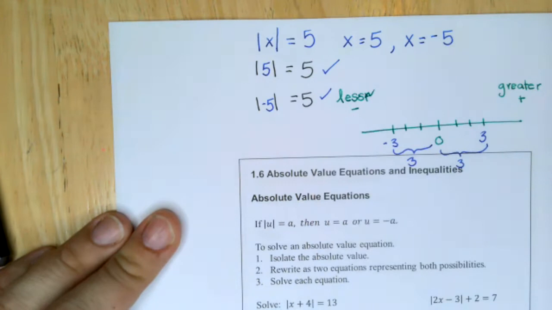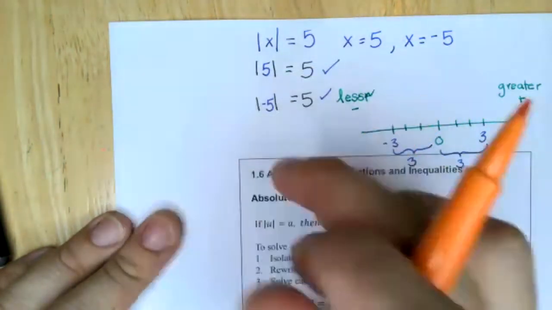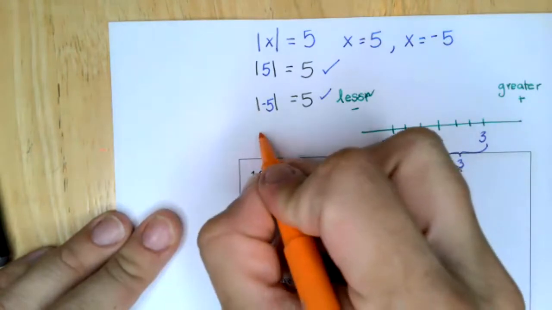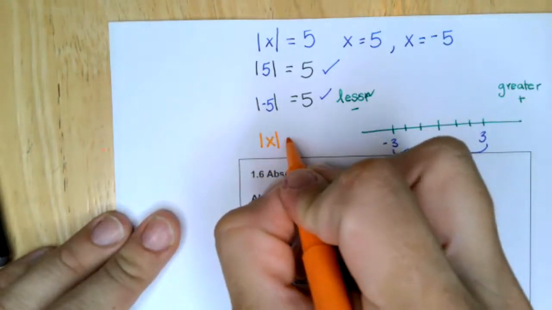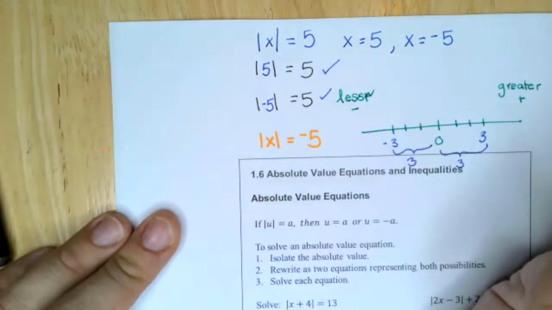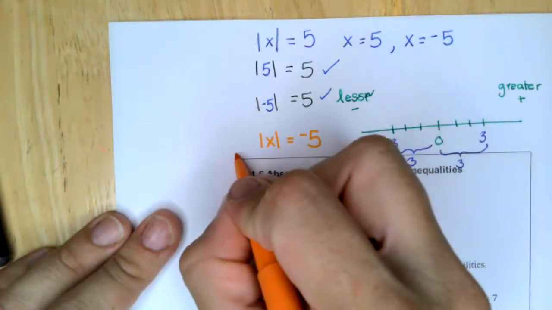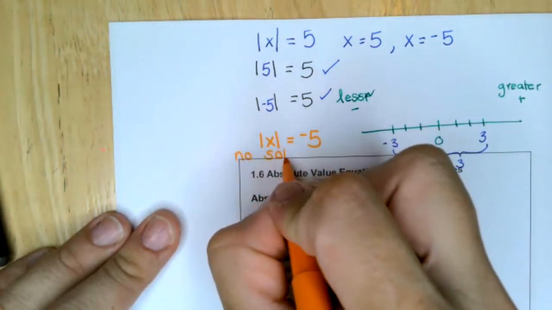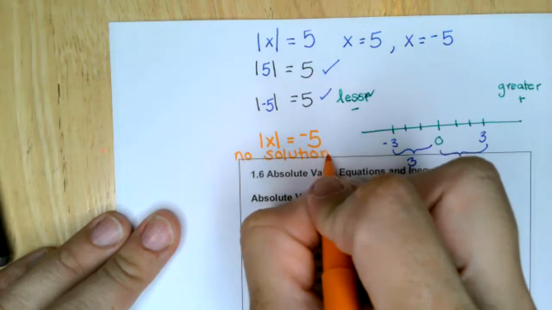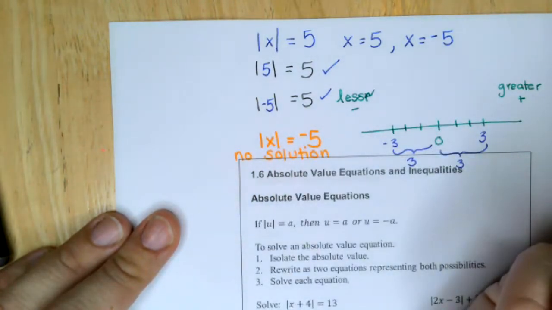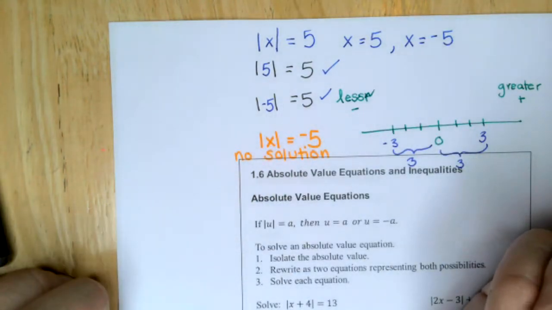But what can never be true, so this is the difference between the two possible answers and what can never be true with absolute value, is a negative. This one is a no solution. This will never be true.